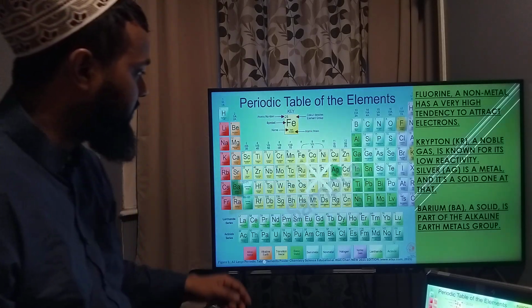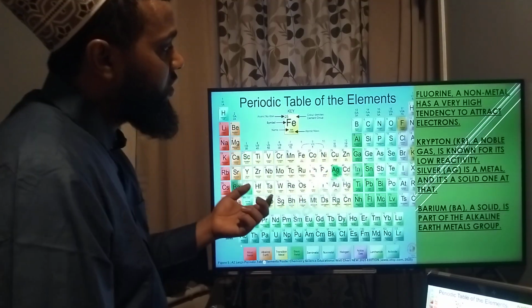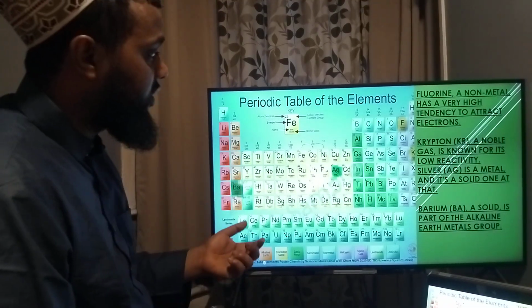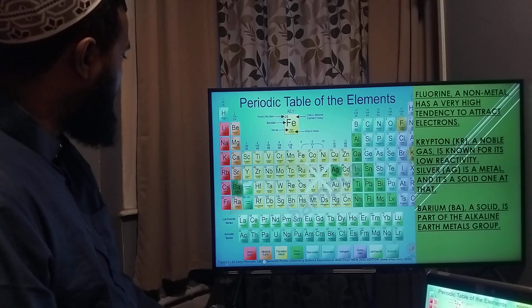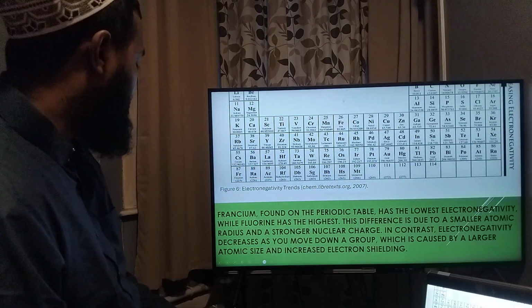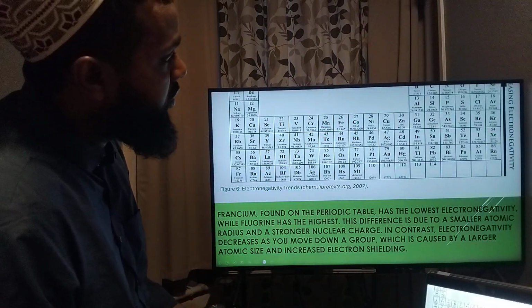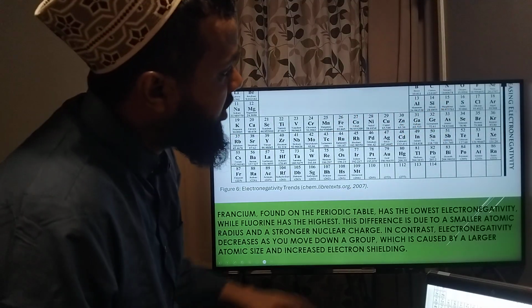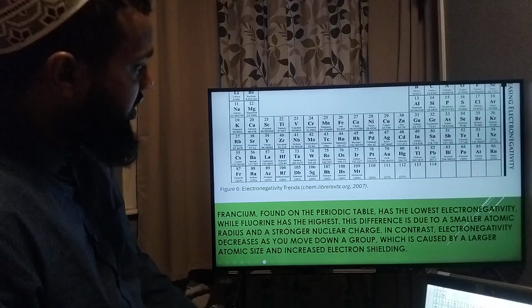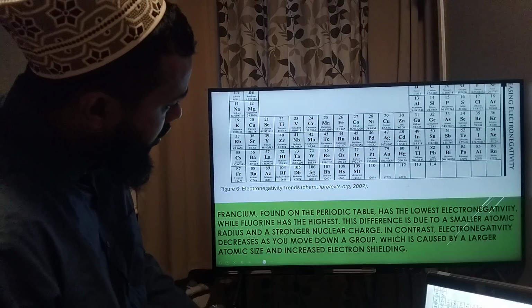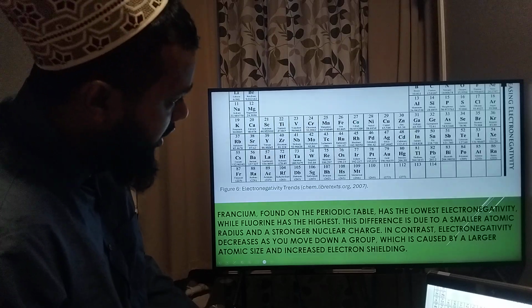Silver is very active. We have krypton, which is inert and has very low reactivity. Noble gas, inert gas. We have the electronegativity increasing up on the non-metals side, and increasing to the right.